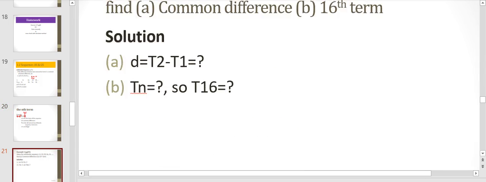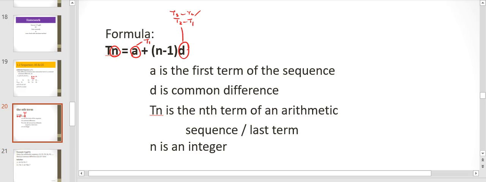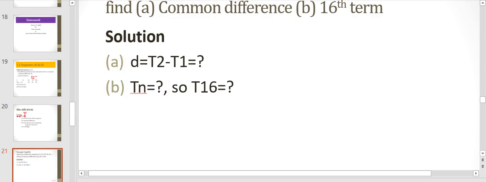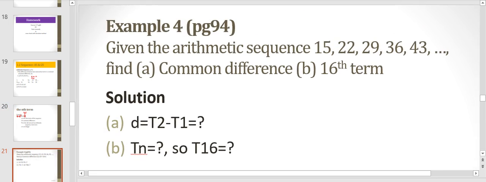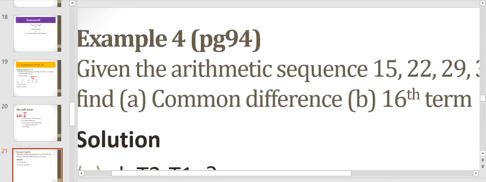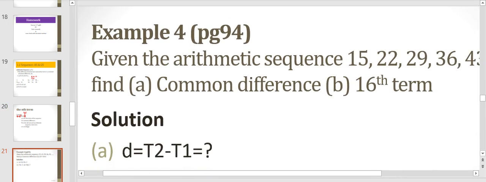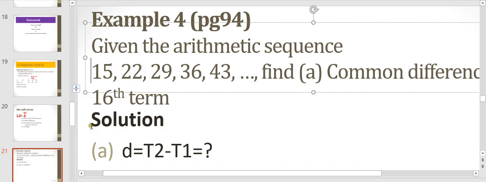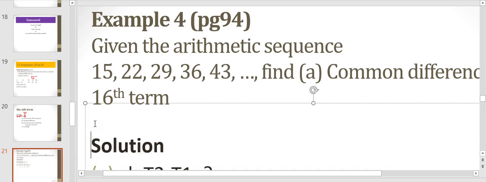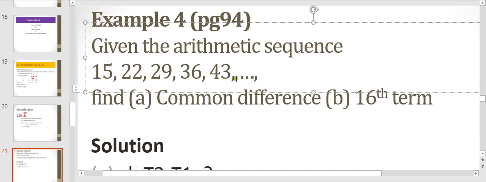So now let's see the first example. This is example 4 on page 94. Given the arithmetic sequence 15, 22, 29, 36, 43.